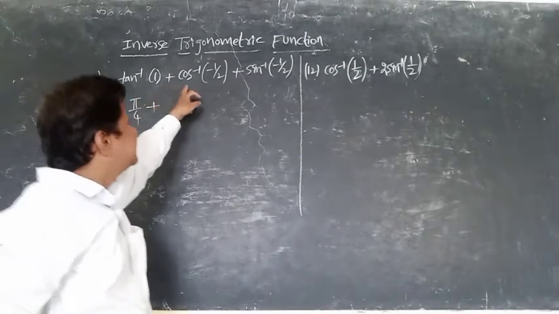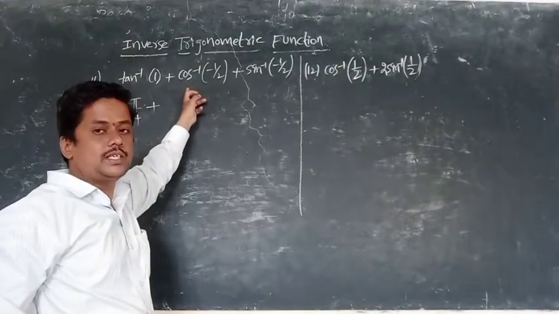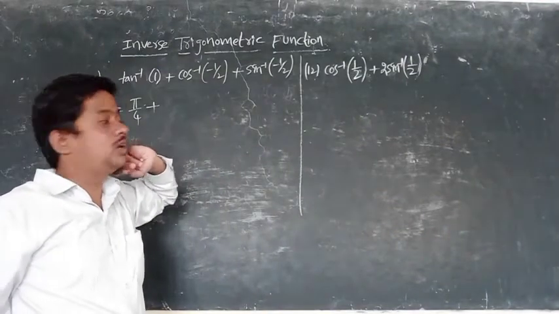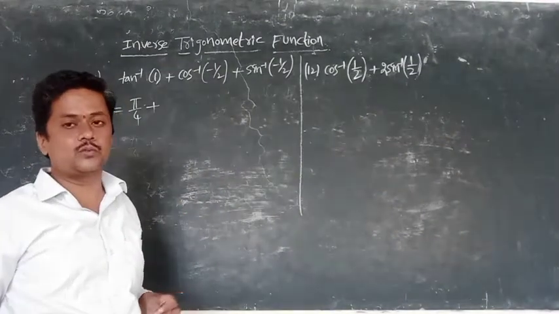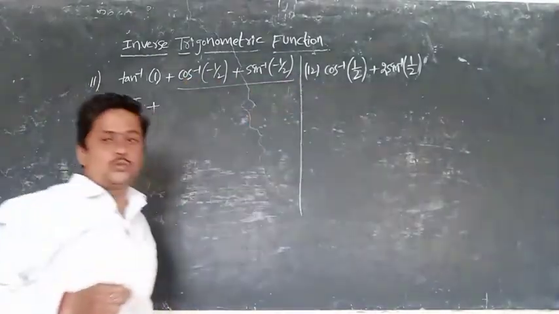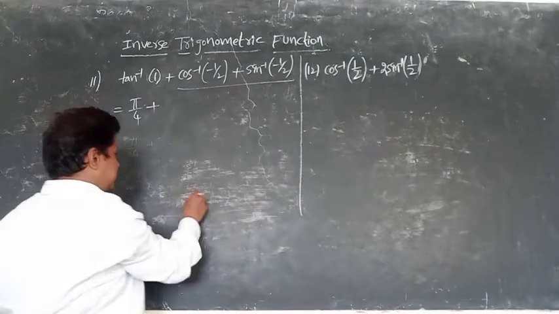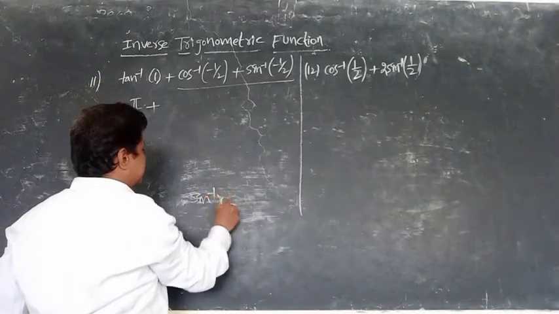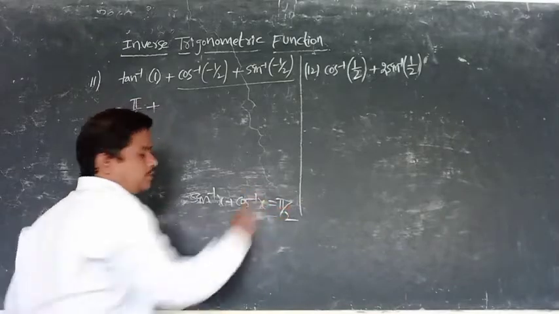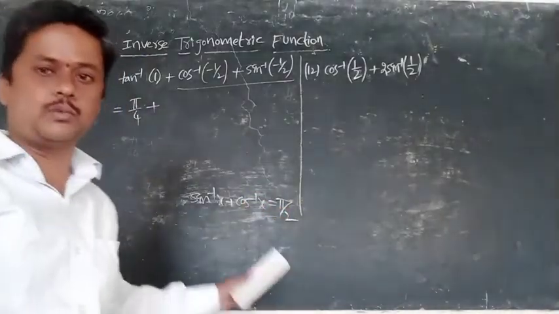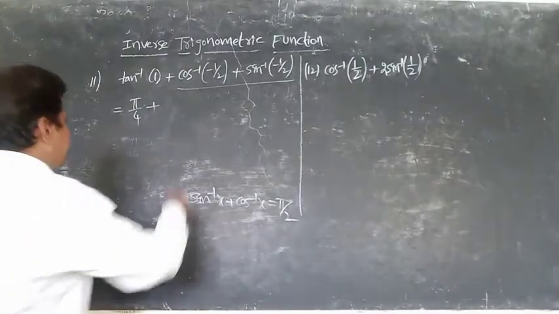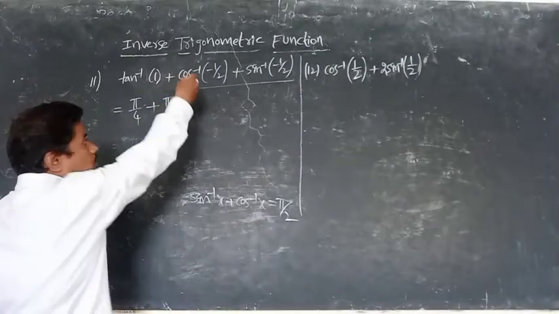One property is there: sin inverse x plus cos inverse x is equal to pi by 2, for x between minus 1 and 1. So we can directly write pi by 2.